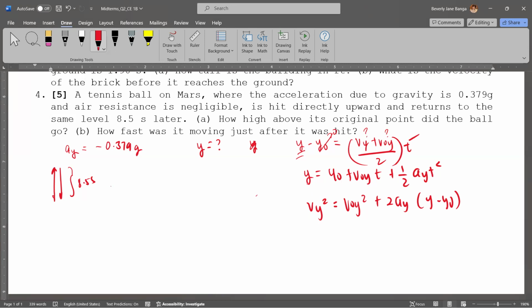In total ha. Pero since ang hinahanap niya ay how high above the original point, basically, it's asking us the maximum height. No? So, pwede nyo gamitin ito. First equation, possible. I-assume mo lang that vy is 0 here. Pwede din yung second equation kasi again, assumption is 0 lang, not the voy, no?